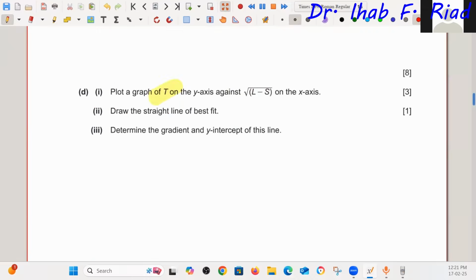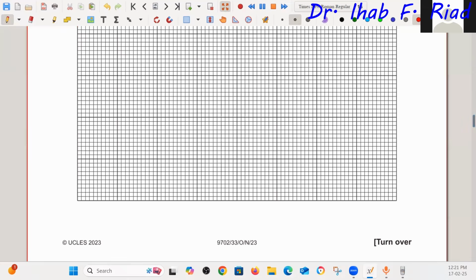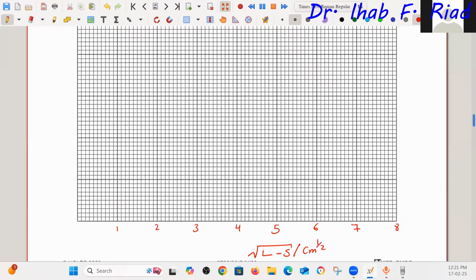Okay. Now, we go to the graph paper. We count the number of squares. So we have 1, 2, 3, 4, 5, 6, 7, 8 on the x-axis. What are we plotting over here? Square root of L minus S, centimeter half. Okay. What about the y-axis?